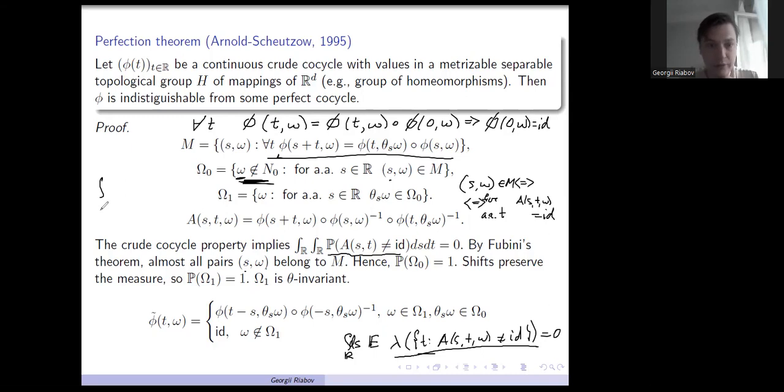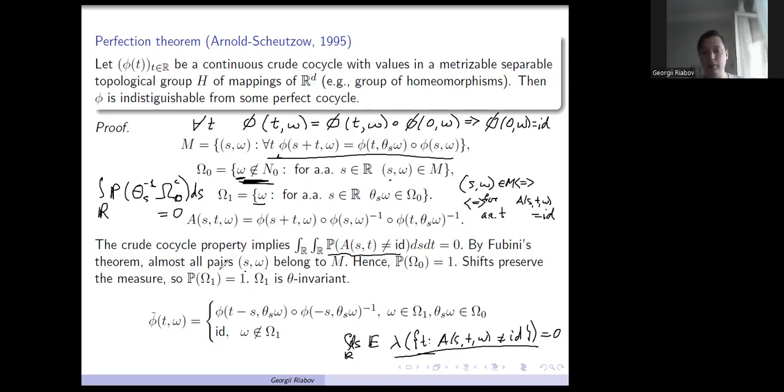We integrate in R the probability of the complement, θs^{-1} of Ω0, ds, and this is 0. And again, by Fubini theorem, with probability 1, almost all shifts of ω belong to Ω0.